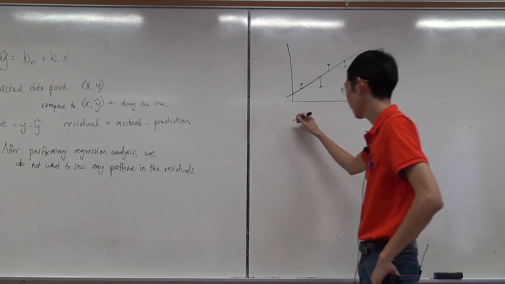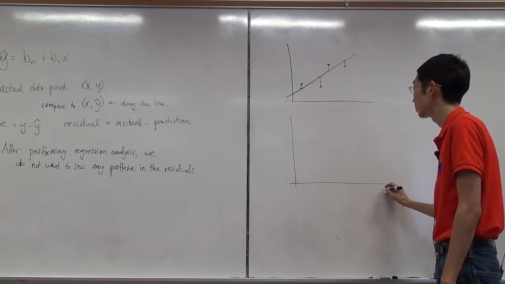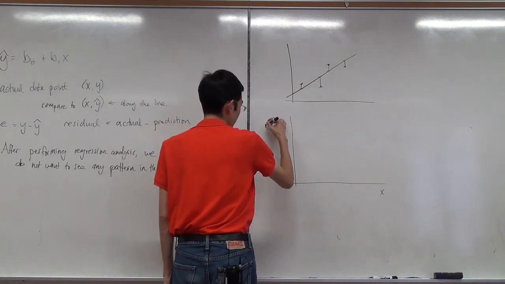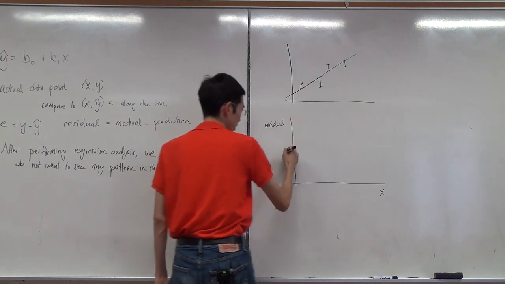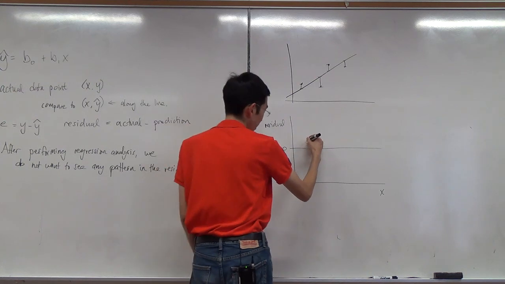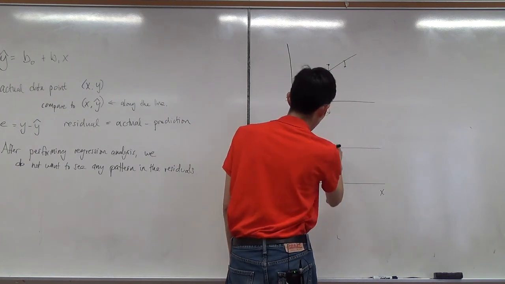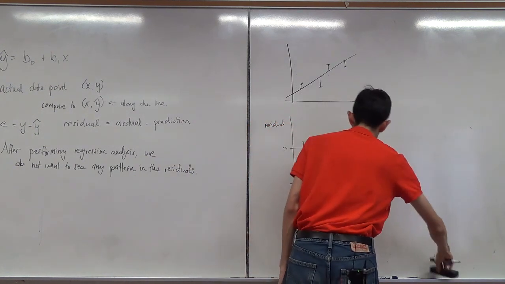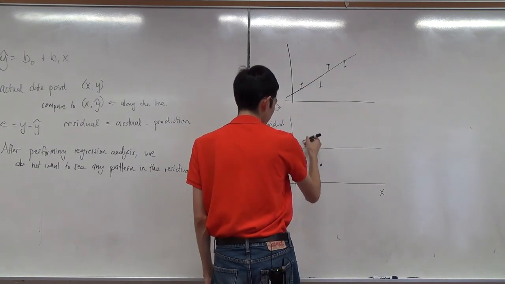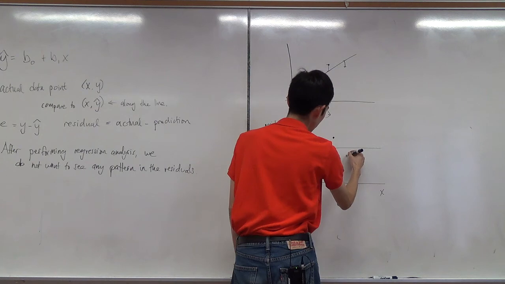If I create a plot of the residuals, this would be the x or the fitted value of y versus the residual. I have a line at 0. The first one is just slightly positive, and then the second one is a bit negative. Technically, I would not have these vertical lines, I would just have the dots. That one is positive by a little bit, and this one is a little negative.